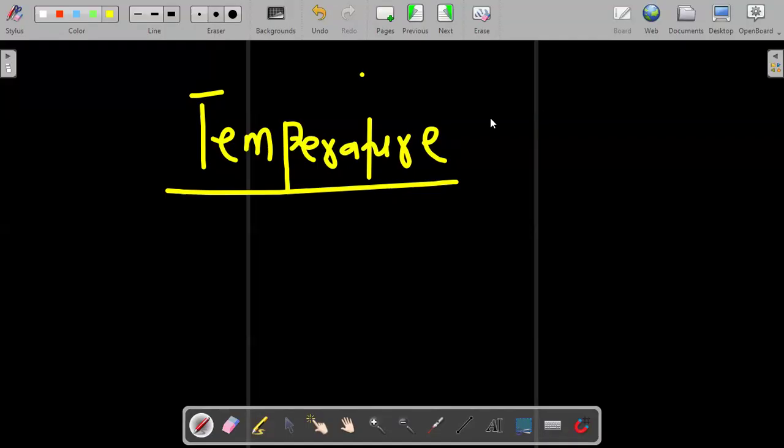Does it depend on us? No, sir. And those that do not depend on us, that happen naturally, we call them fundamental quantities. That's why I said temperature is a fundamental quantity. Why? It does not depend on you and I to happen. So, right, temperature is a fundamental quantity.